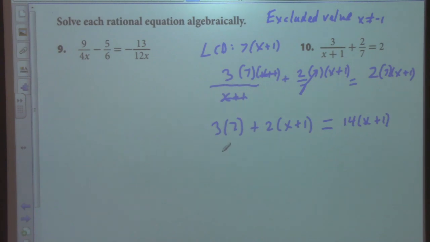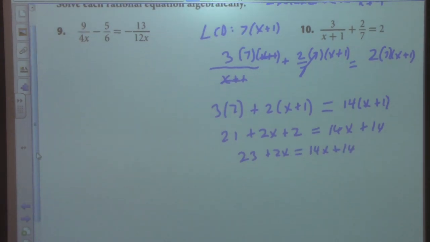Now what do you have? 21 plus 2x plus 2 equals 14x plus 14. Then you can add the 21 and 2 to get 23. 23 plus 2x equals 14x plus 14.